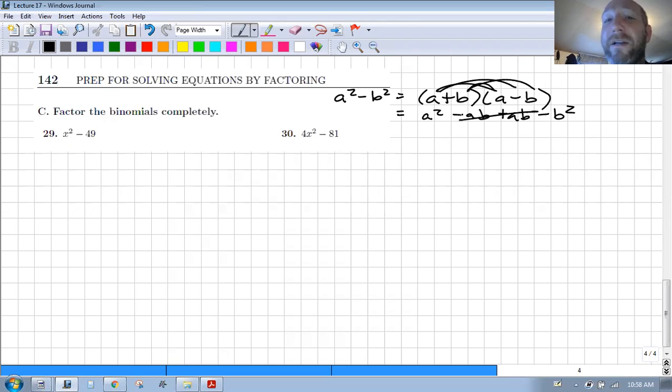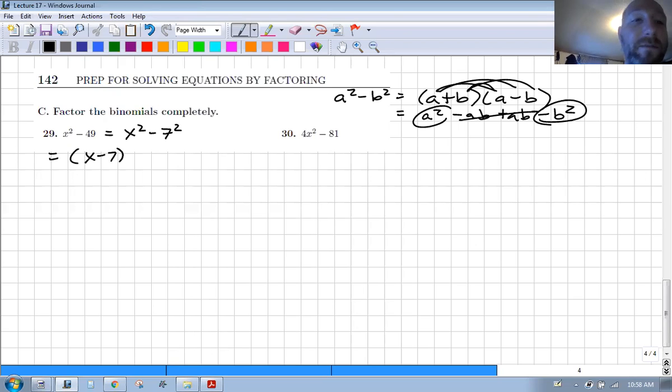These go away, and you're left with the difference of 2 squares. So if you have x squared minus a number, it doesn't matter what number it is. You have the difference of 2 squares. In this case, this is x squared minus 7 squared. This is an x minus 7 times an x plus 7. Right? There's no b component here. There's only an a and a c.